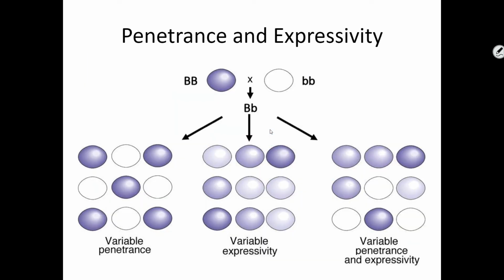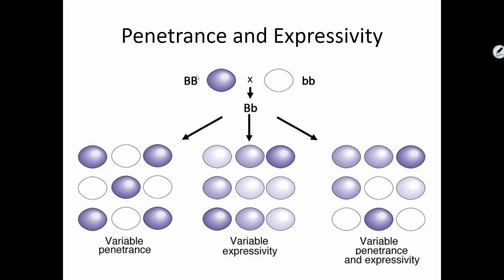Now, a couple of other things to talk about when it comes to things like Huntington's disease in particular are these two ideas of penetrance and expressivity. Penetrance is the idea that there is a proportion of individuals in a group of a given genotype that will actually show the expected phenotype. So what does that mean?